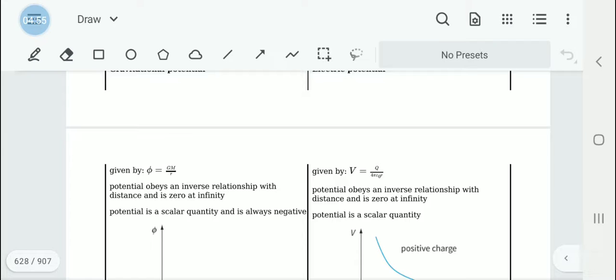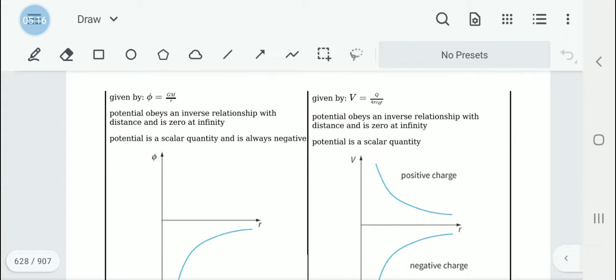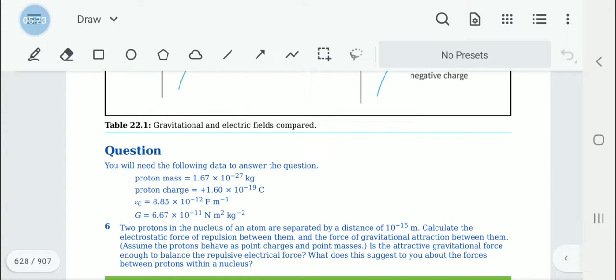Electric potential obeys an inverse relationship with distance and is zero at infinity. That is the same for both gravitational and electric potential. However, because there are positive and negative charges, there is a positive as well as a negative curve. So those are the comparisons that we need to make.